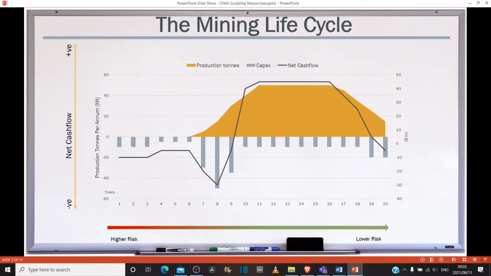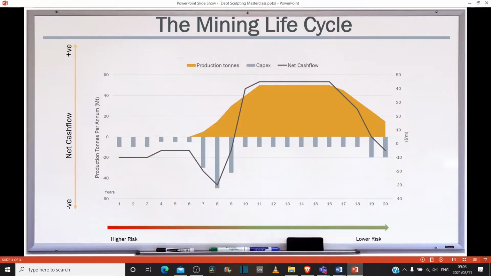Basically, if you look at this graph, it shows many things on the same graph. If you look at your vertical axis, and at the gray bars that are going downwards, that is your capital expenditure, illustrated on the right-hand axis as millions of dollars spent in capex.